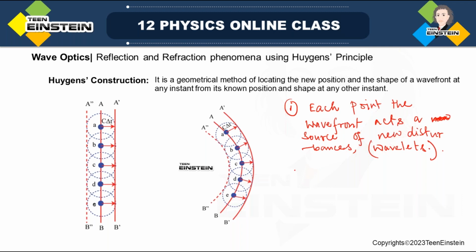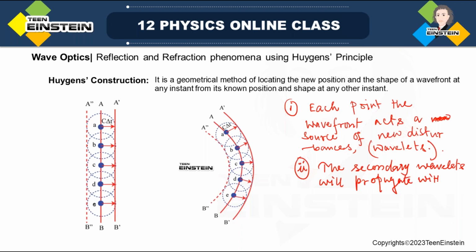The second thing was that the secondary wavelets will propagate with the speed of light in the forward direction always.